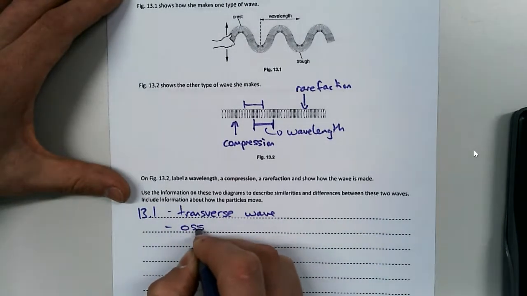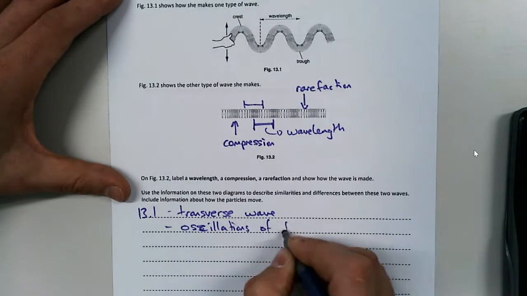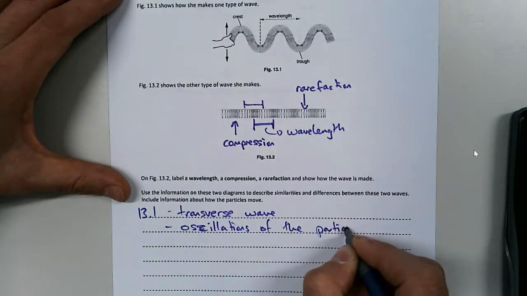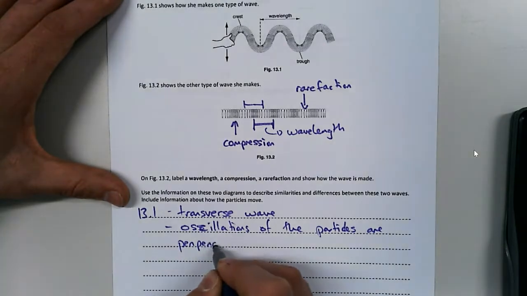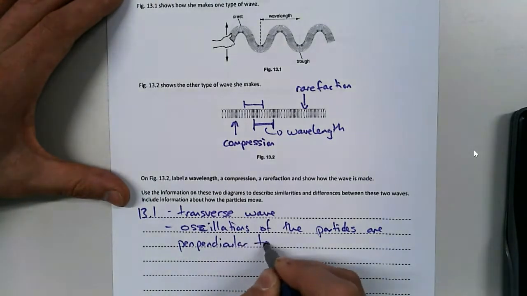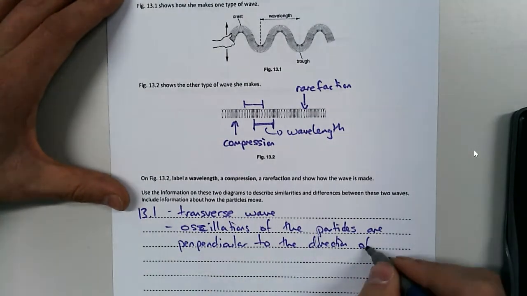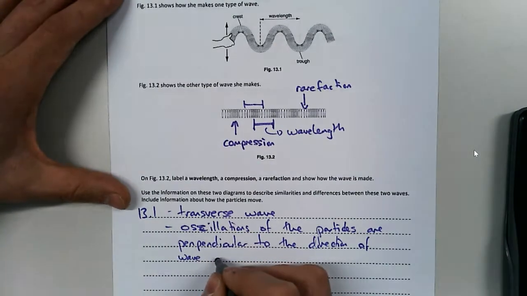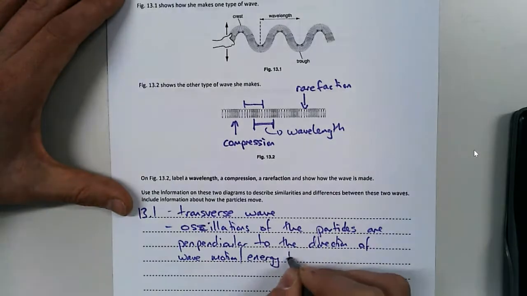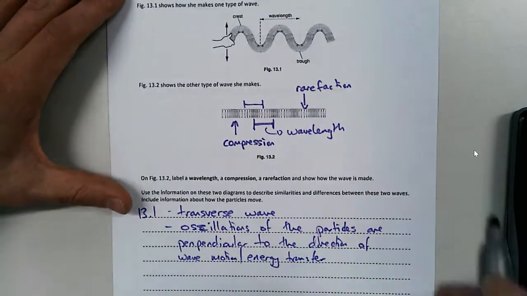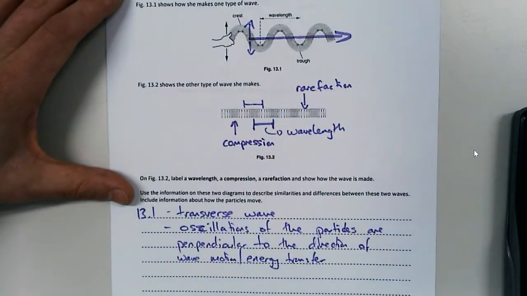So the oscillations of the particles are perpendicular to the direction of wave motion, or probably slightly better, energy transfer. So if the wave is moving this way, the particles are oscillating up and down like this.